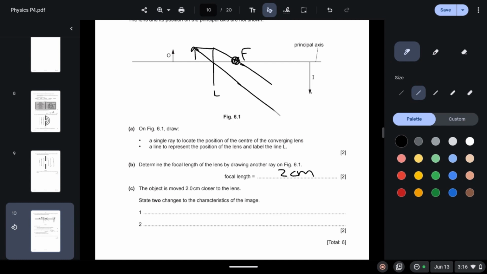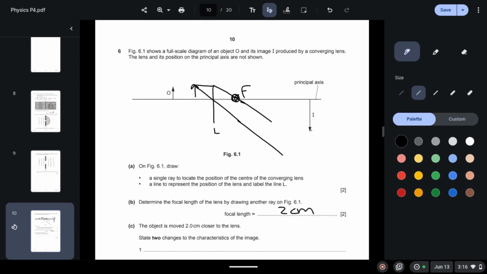So we can see that the image will be formed on the same side as the object. It will be formed somewhere over here. This will be your image.